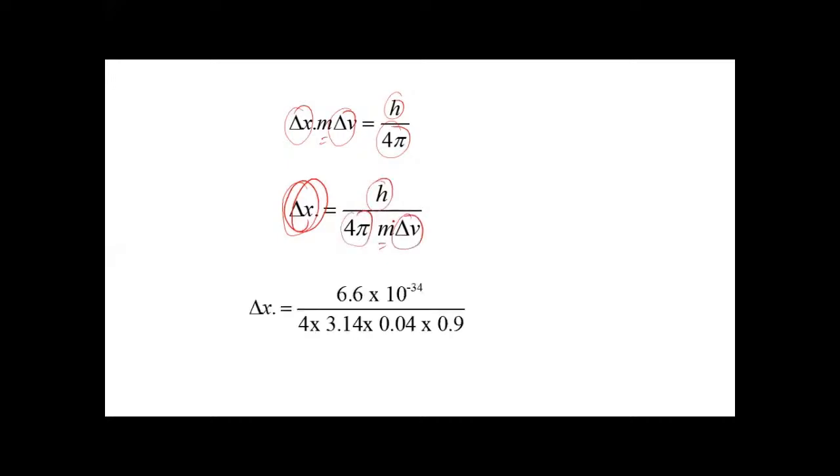We substitute the value of h, that is 6.6 into 10 to the power minus 34, pi 3.14, m 0.04 in kg, delta v, that is uncertainty in velocity, we already calculated, its value is 0.9. When we calculate this, the value comes to be 1.46 into 10 to the power minus 33 meter. So this is our answer.